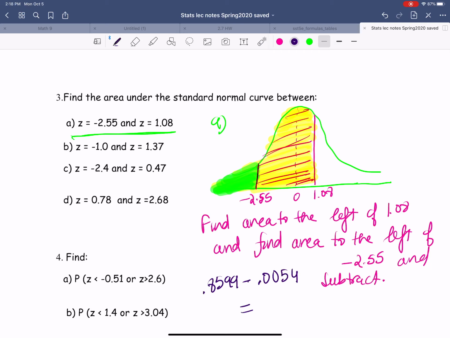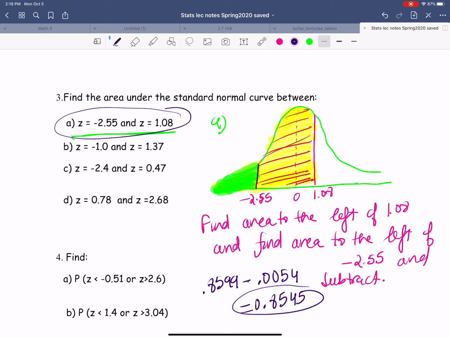When I subtract them, see what I get. 0.8599 minus 0.0054 turns out to be 0.8545, okay? 0.8545 is the area in the middle of these two z-scores.